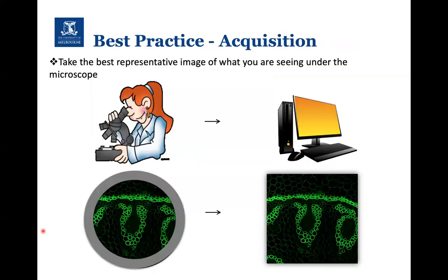So what is the best practice? So what we're trying to do at the microscope is to take the best representative image of what you're seeing through the eyepiece. So if you're seeing a beautiful sample through the eyepiece, you should be able to see a beautiful sample through the confocal.